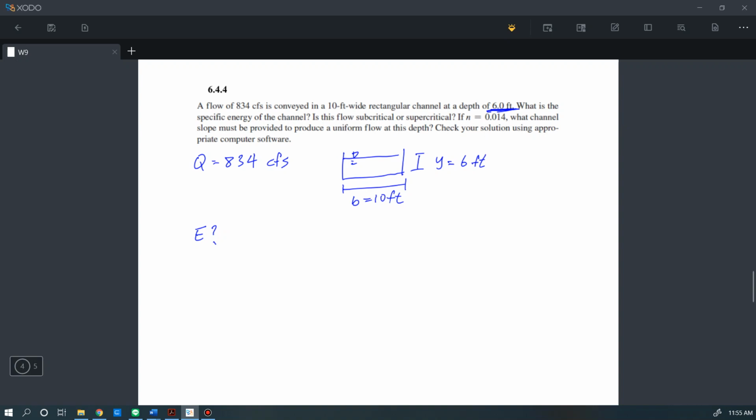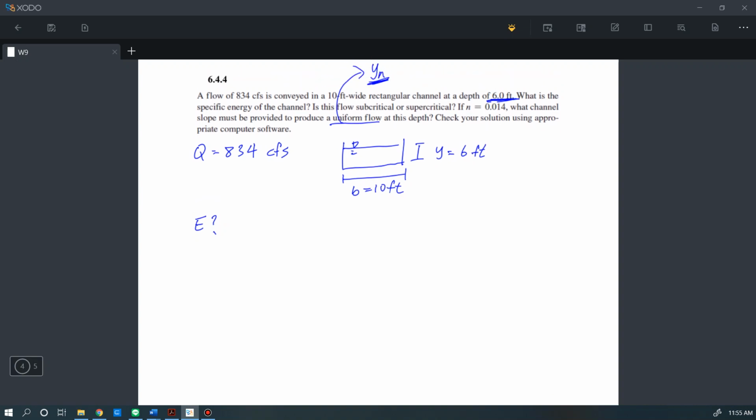The third one is that if n is equal to 0.014, what channel slope must be provided to produce uniform flow at this depth? When it comes to uniform flow, that means we want to solve for the normal depth of the channel. After we know what we want to solve, we can start.